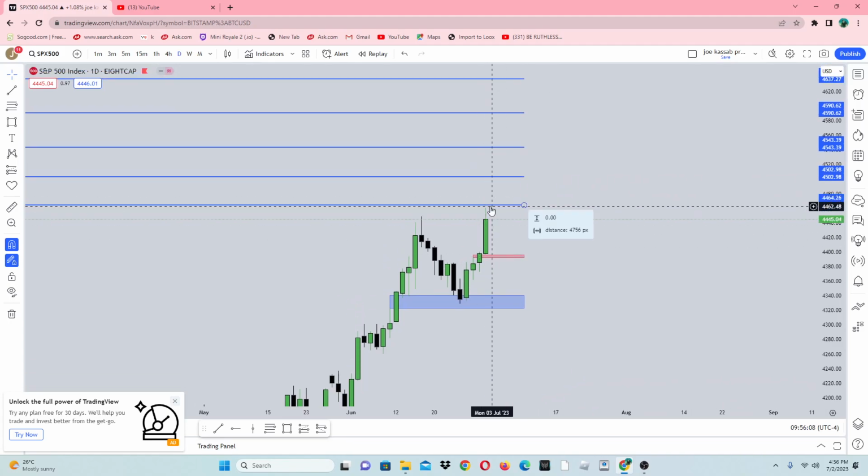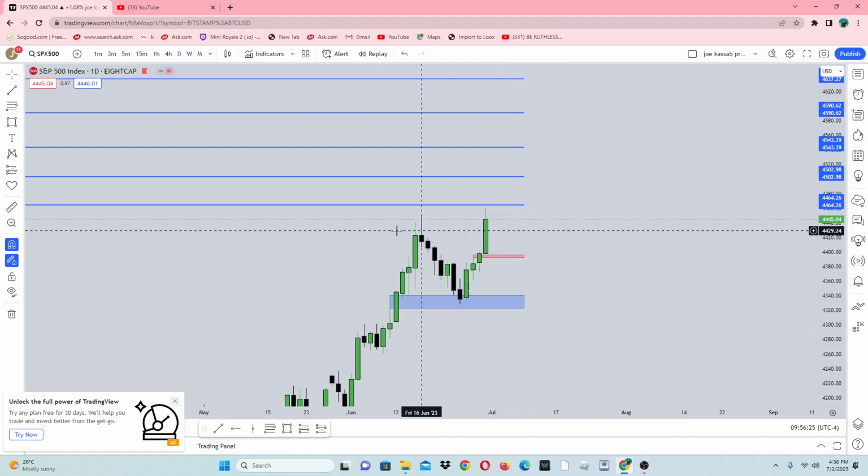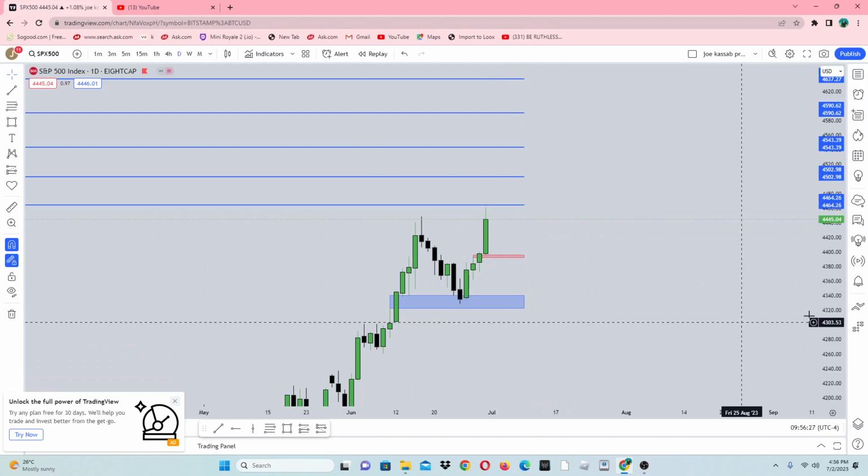This target, I anticipate to be a type of resistance. So I anticipate Tuesday to form the swing high of Monday, and for Wednesday, Thursday and Friday to go for a below equilibrium PD array.